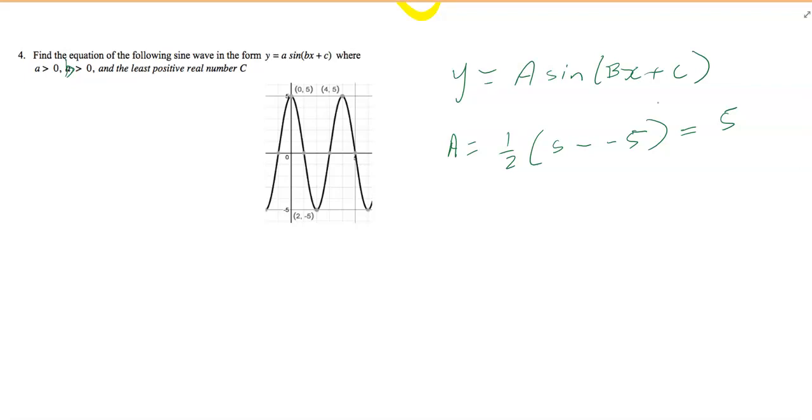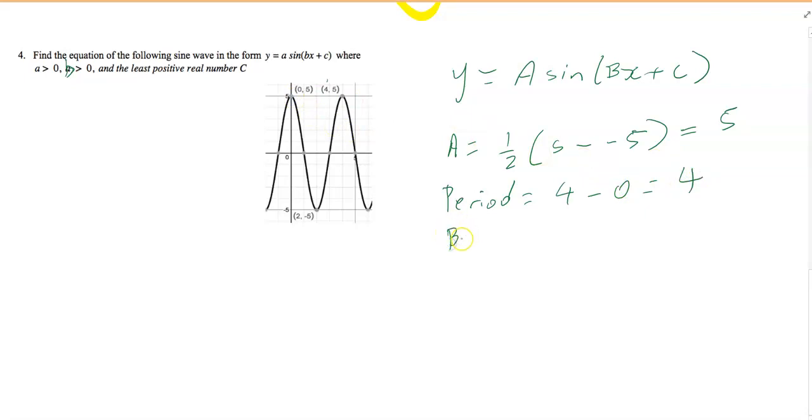Now our period is the distance from peak to peak, or crest to crest. We know the peaks are at x values 0.5 and 4.5, so the period is 4.5 minus 0.5, which is equal to 4.